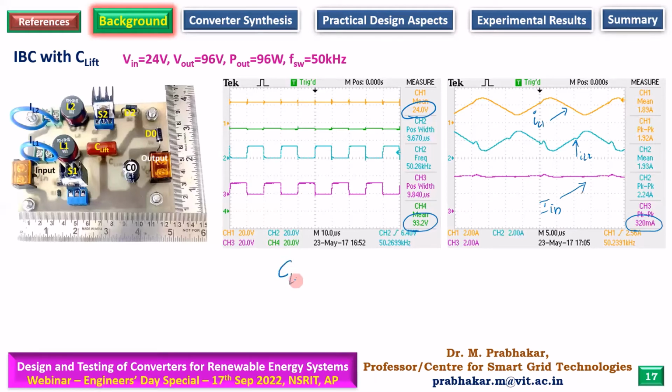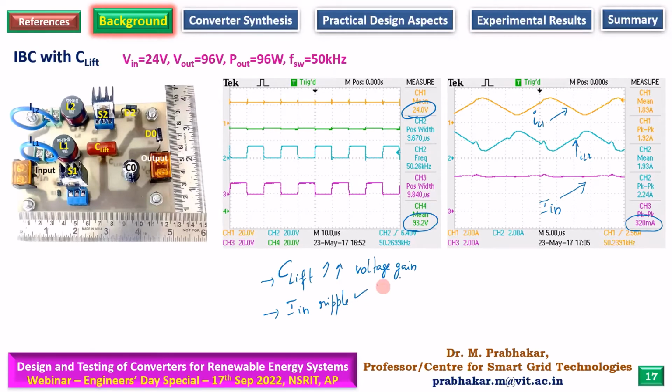So C lift increases the voltage gain by 2. And then ripples, with interleaving itself, we didn't have ripples. So input ripple is not an issue that we have already overcome.